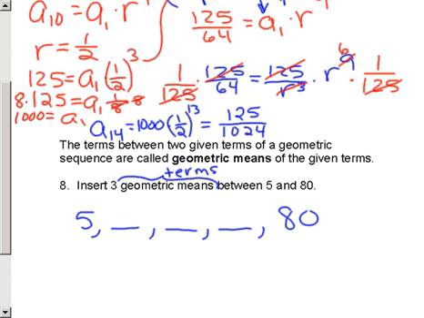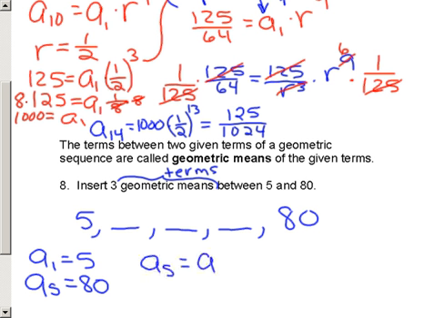All right, now we have 5 and 80, and we have to insert 3 again. So we have A1 is 5, and we have A5 is 80. So we can do that A5 is equal to A1 times R to the N minus 1.